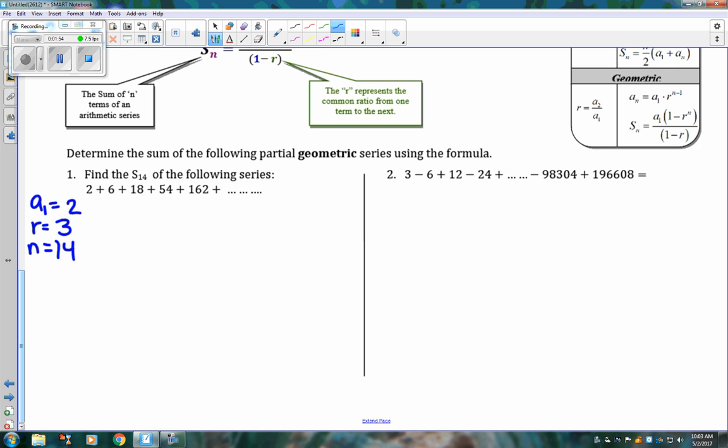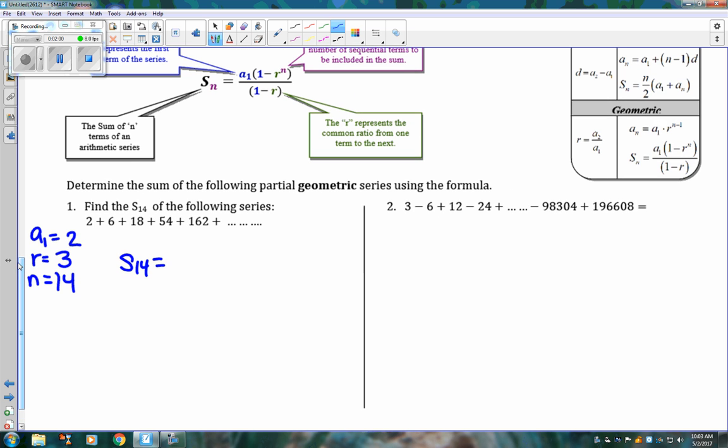I have all three things that I need to plug into the formula. So I'm going to have S of 14 is equal to 2 times parentheses 1 minus 3 to the 14th power, divided by 1 minus 3. Plug it into your calculator.